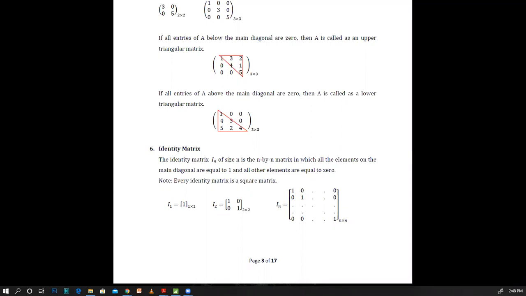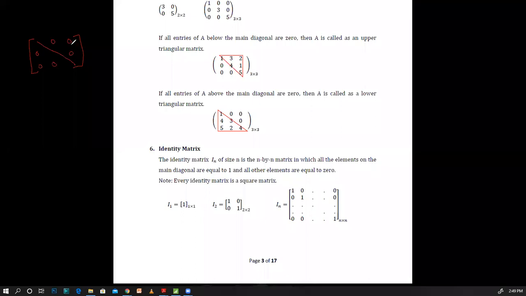But in here, if you write the matrix in this form, you can see this is the main diagonal, and for the diagonals, the remainings are zero values.